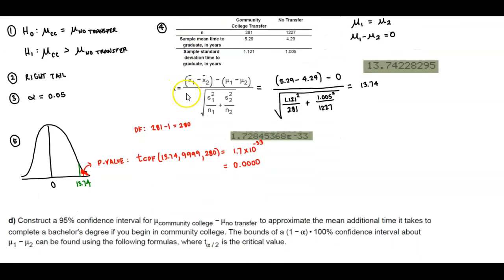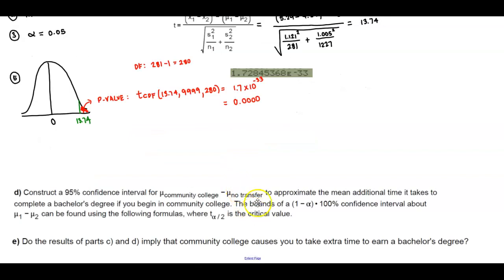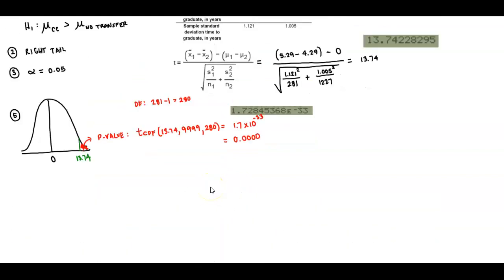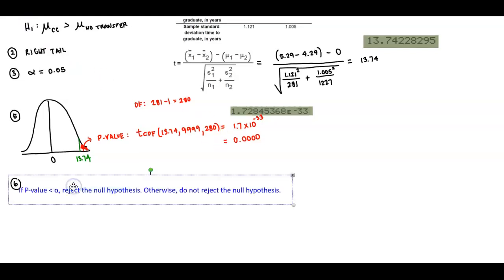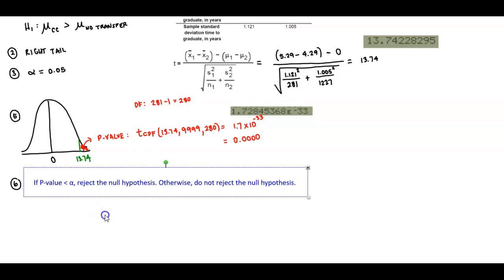Okay, so for part 6, what we want to be able to do now is compare our p-value with our significance level. Okay, so remember that if the p-value is less than alpha, then we reject the null hypothesis. Otherwise, we do not reject the null hypothesis.